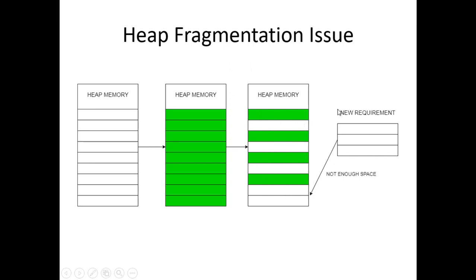Now, if there is a new requirement where we want to dynamically allocate 3 integers worth of data, we see that there is no space to allocate this memory here. Overall, you can see that there is 3 integers worth of space, but we cannot allocate it because continuous space is not there. So this is the fragmentation issue which I was talking about.